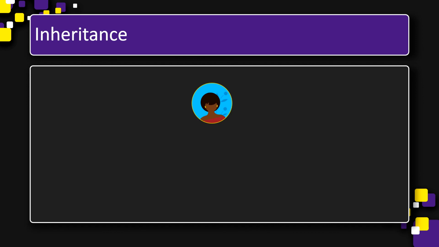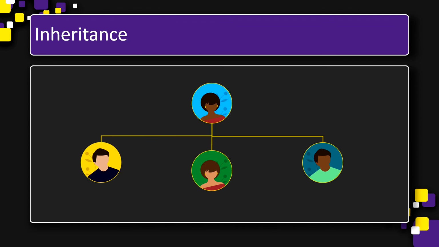So maybe we have a Ford Taurus, maybe we have another type of sedan in there, maybe we have a Chrysler. These are just different types of children that inherit properties and actions. They'll inherit instance variables, properties, and methods from their parent class or their parent object.